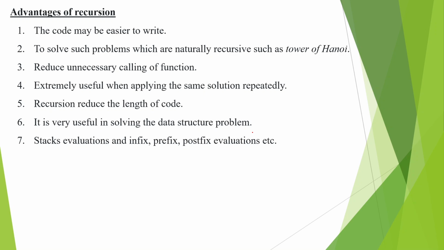This recursion will reduce the unnecessary function calling, and it is extremely useful if the same solution is applied again and again. The way we calculated factorial, Fibonacci and GCD, in every example the same type of solution is repeatedly applied. So over there you can replace such a thing with recursion. And recursion will reduce the length of code.